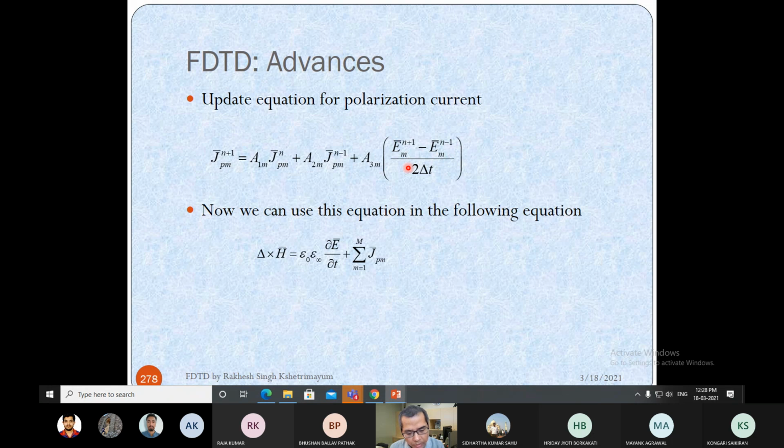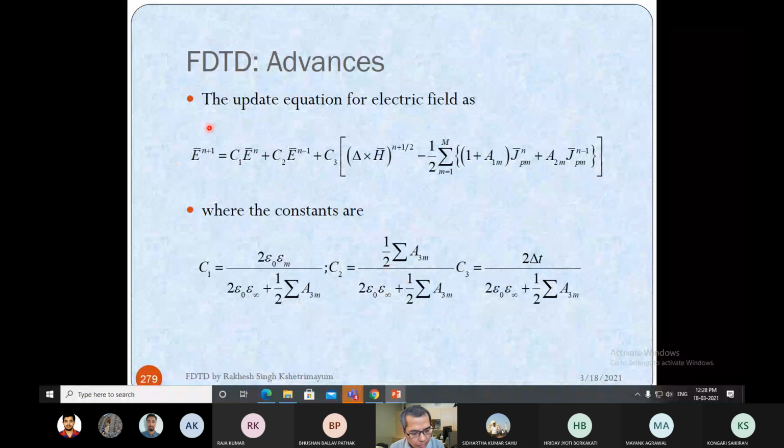In the equation here, curl H is equal to the displacement current plus the polarization current, which we have just discussed. You can write the update equation for E at n plus 1 as C1 at En, where C1 is this term here, C2 at En minus 1, this term here, C3 is this term here, then curl H at n plus half, minus summation m going from 1 to capital N of 1 plus A1M JPM at n plus A2M JPM at n minus 1.